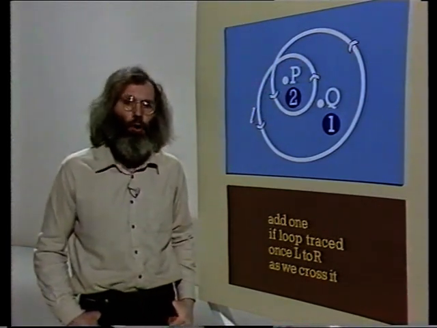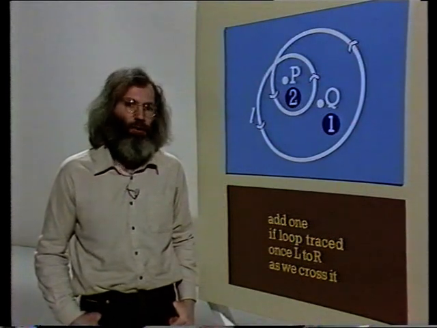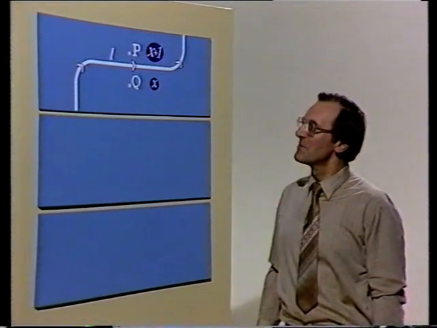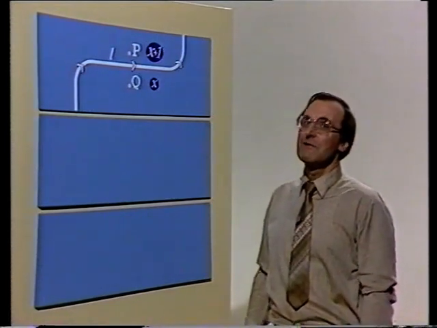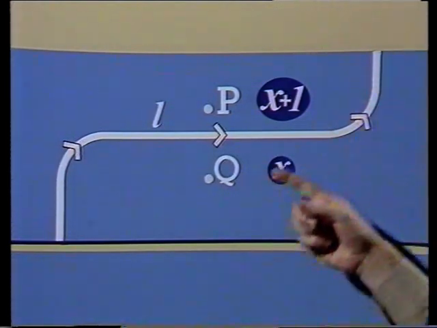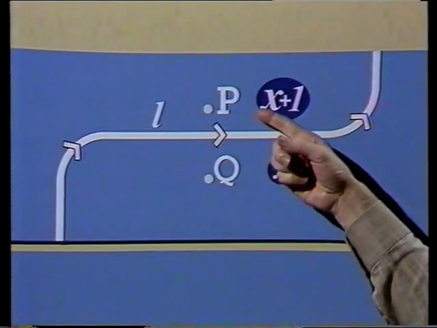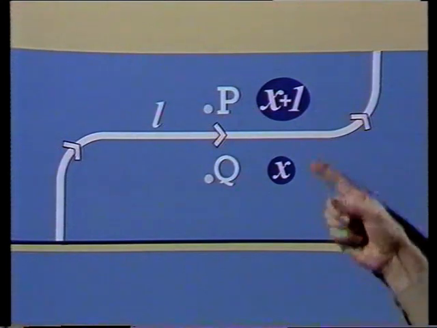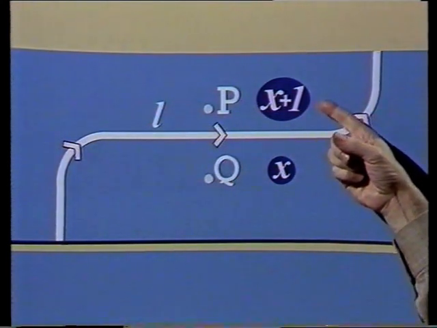To prove that this rule always works, we can use our homotopy theorem. This picture represents the rule we're trying to prove. We've shown a segment of a loop traced once from left to right as we cross from Q to P. And we want to show that the winding number increases by 1.